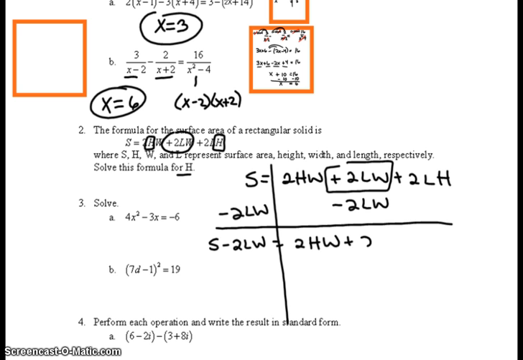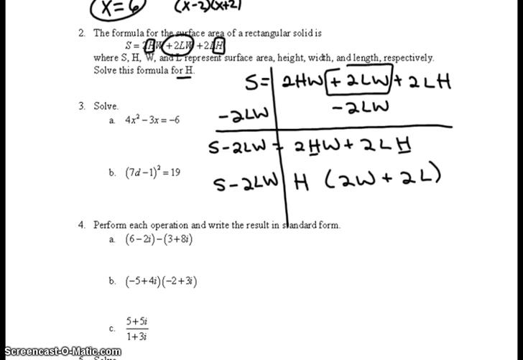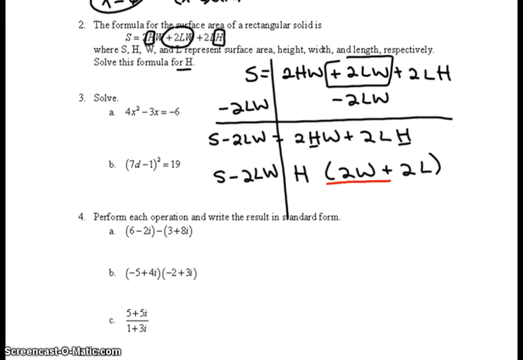2HW plus 2LH. Okay, since I'm trying to get H by itself, I'm going to factor out an H as the common factor. And then I'm going to go ahead and divide by this quantity to get H by itself.